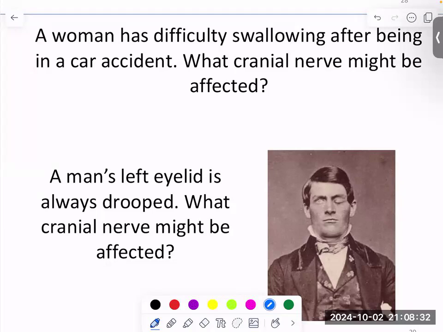What happens during a stroke? The face droops. So which nerve is that? It's not ocular motor. It is facial. During a stroke, one side of the brain is affected. So only one side of the facial nerve, that's why it's usually the left or the right side will be droopy.